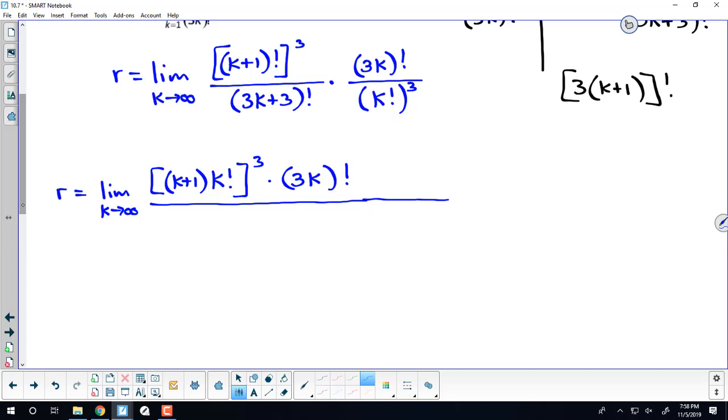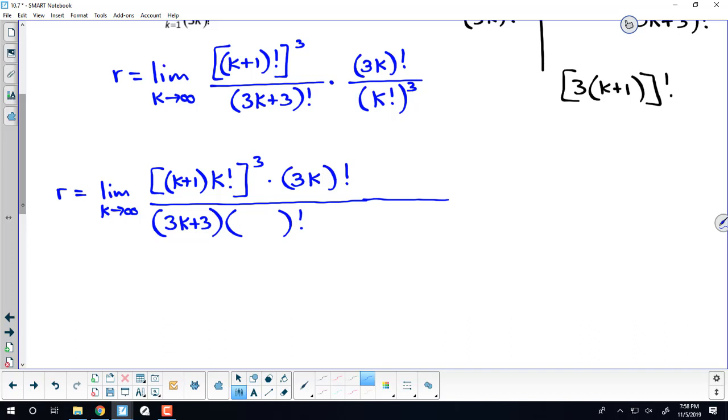Okay, so 3k plus 3 is there for sure. But when we subtract 1 from our factorial, like we have here, k plus 1 times k factorial, this would be 3k plus 3 times what factorial? Not just k. 3k plus 2, right? So you just decrease that number by 1 each time.